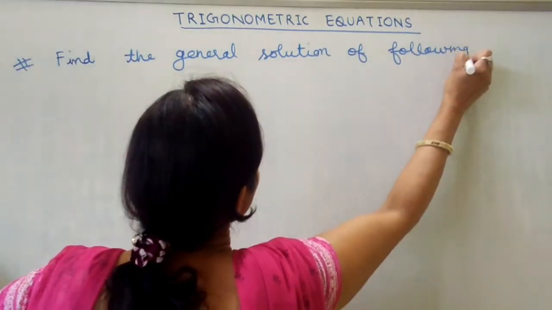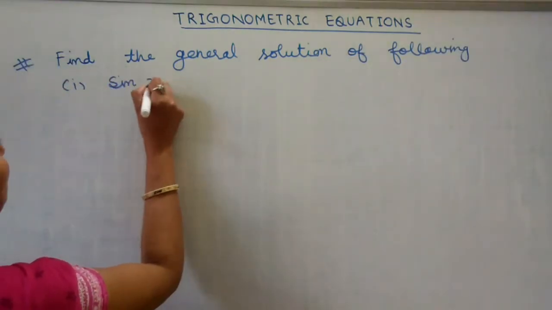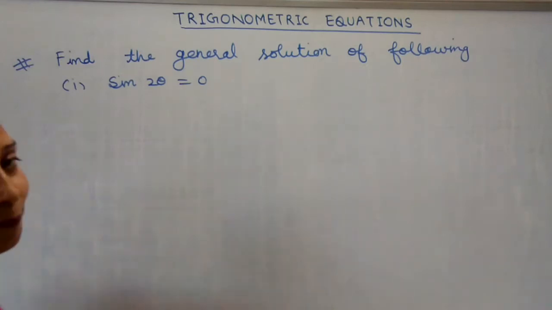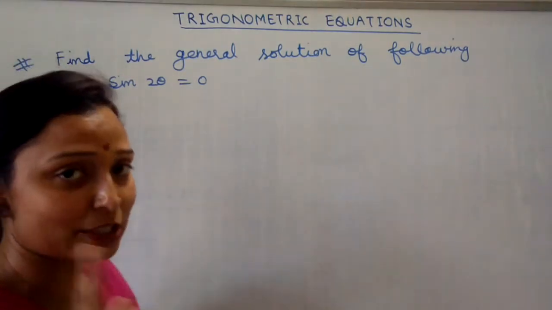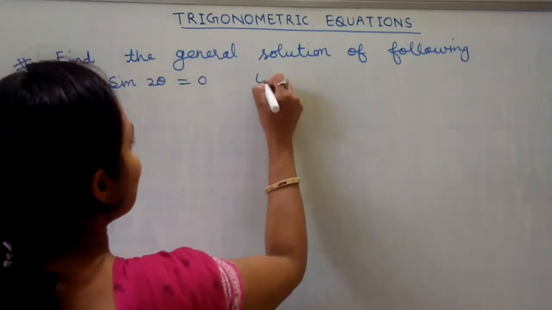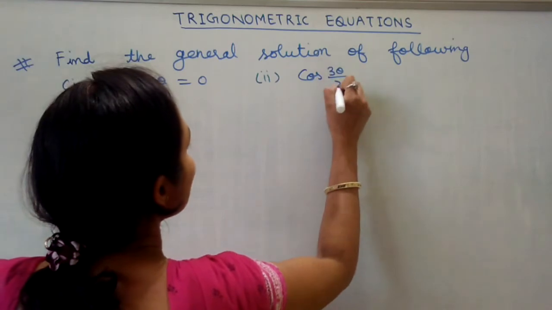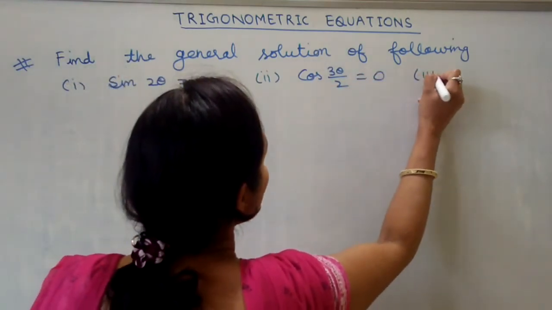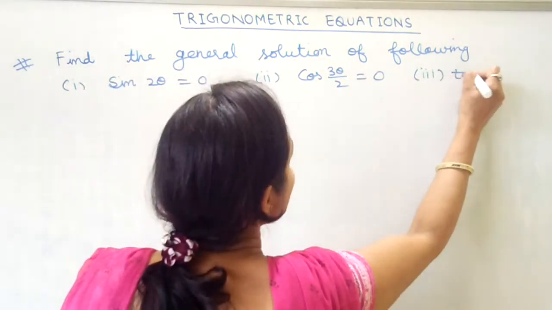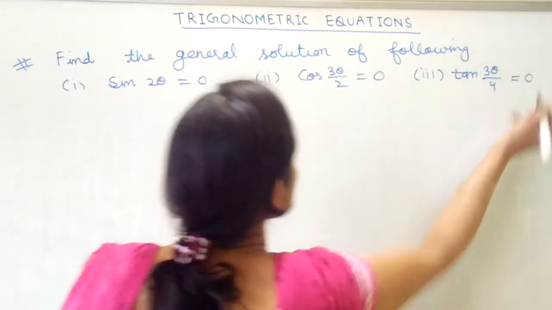First is sin 2 theta is equals to 0. Second, cos 3 theta divided by 2 is equals to 0, and the third one is tan 3 theta by 4 is equals to 0.